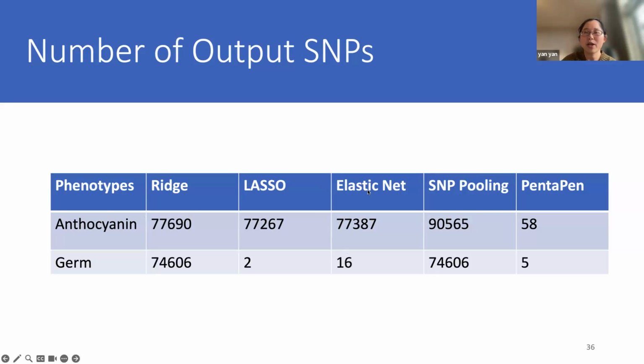We also mentioned before that in reality, we usually expect dozens of SNPs, so that may not be a good pool. But if we look at PandaPen's final result, those SNPs fall into what we expect. So the biologist will be able to do some further wet lab work to validate if those SNPs could point to some genes that are related to the phenotype.